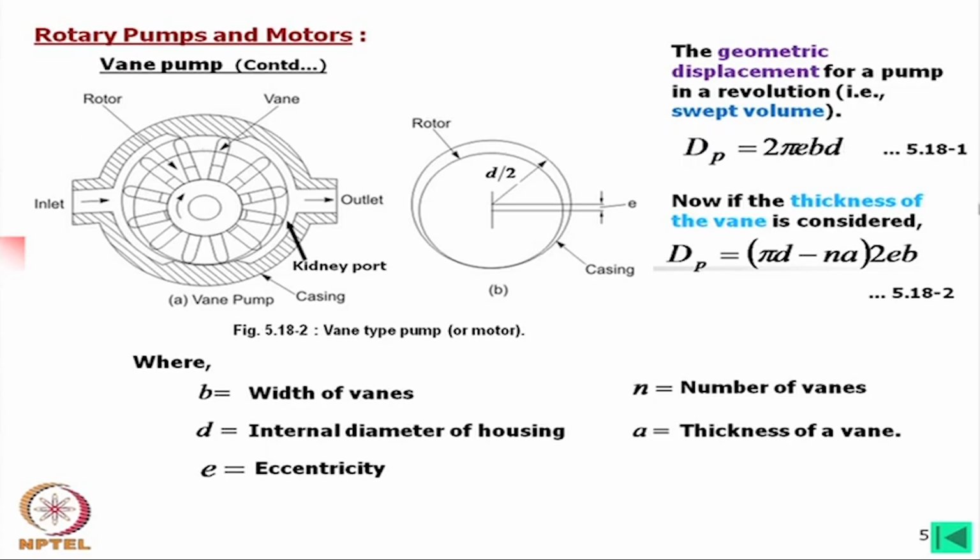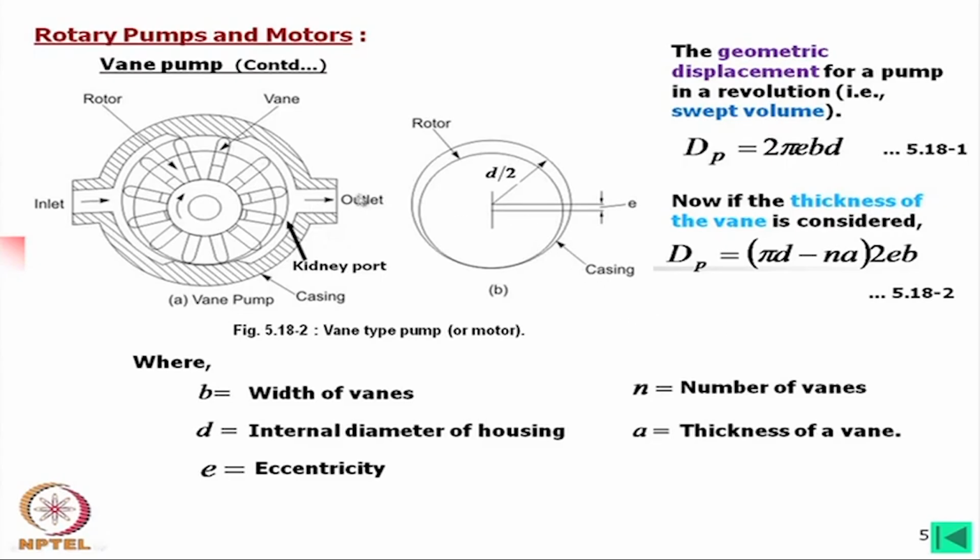If we develop this totally, the total length is pi into d, and twice e is the width of that rectangle, and then it is multiplied by the width of the vane, in the direction of the axis.